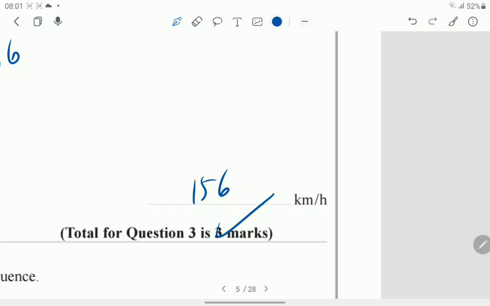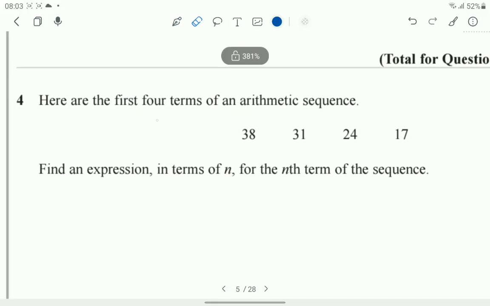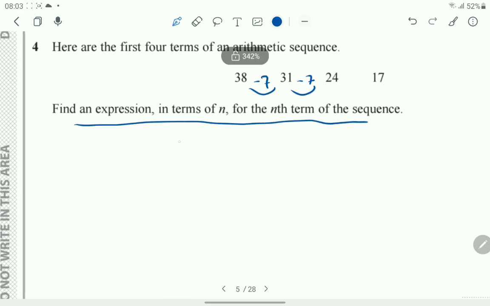Moving on, we have question 4. The first four terms of an arithmetic sequence are 38, 31, 24 and 17. By looking at it instantly, I can tell that the common difference is -7. Find an expression in terms of n for the nth term of the sequence. So the formula for the nth term of a sequence is this.